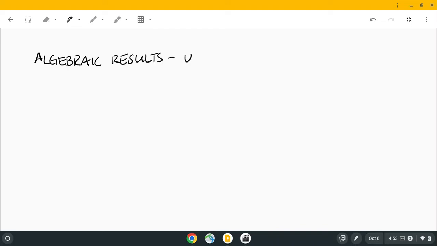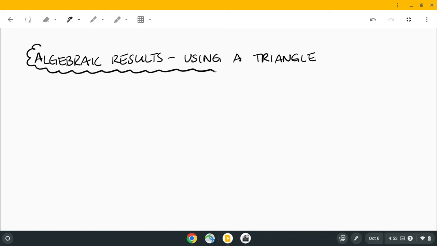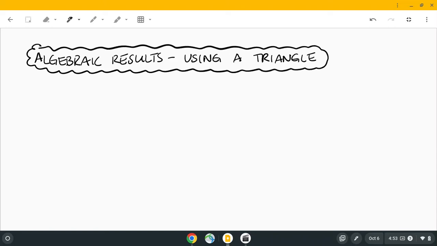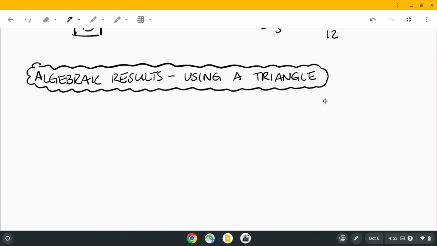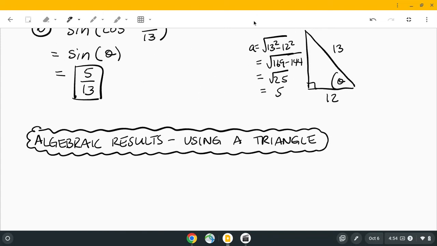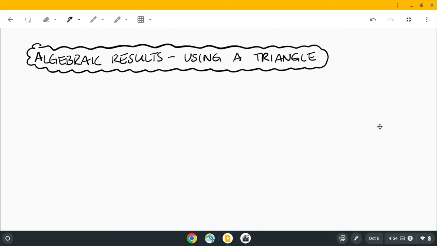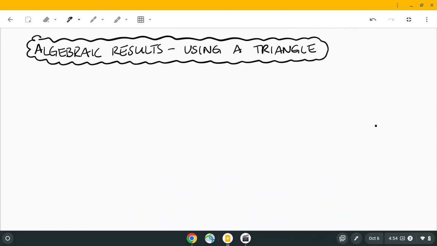But again, we're still using a triangle. Even more so now because we have a bunch of x's and we can't even punch these into a calculator. Okay, so if they say exact value, you're not using a calculator. You have to do it like this method with the triangle.